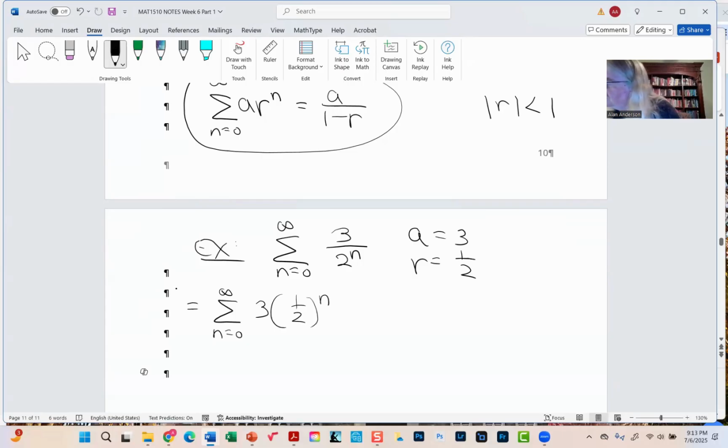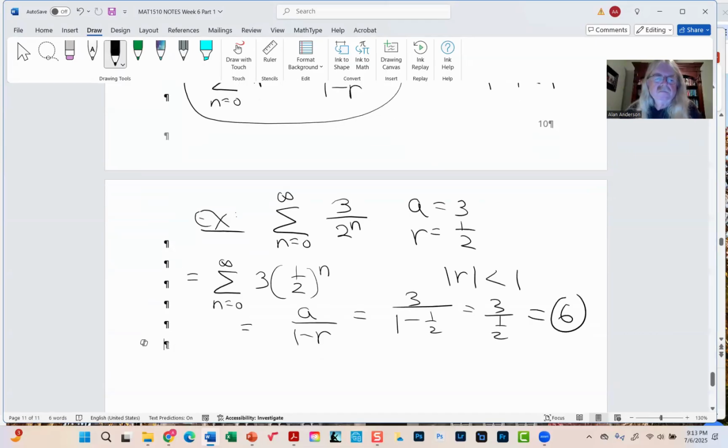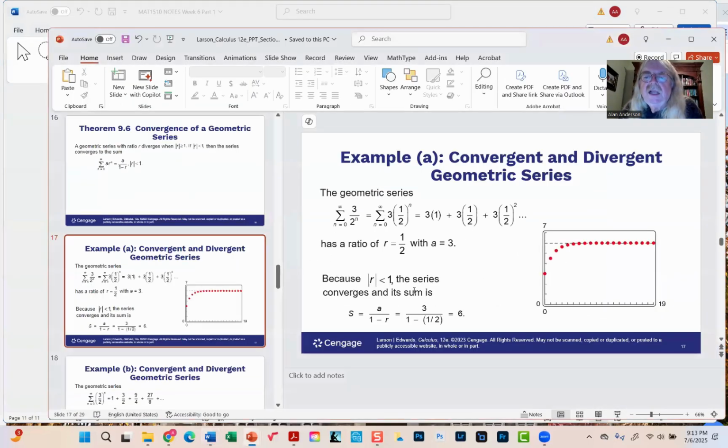And because r is less than 1, this entire sum is going to be 3 over 1 minus a half, which is 6. And that's all there is to it.